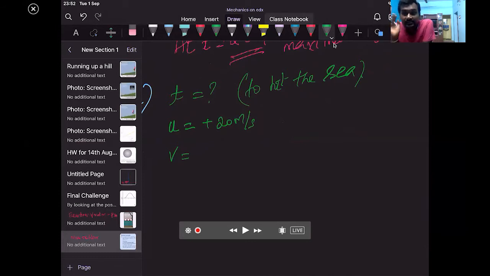If you think the final velocity is zero, you're mistaken, because the final velocity is always the velocity attained by the ball just before hitting the ground. That velocity is going to be the maximum velocity, not zero. And I don't know that velocity. I don't know what the final velocity is going to be. Okay, let's think of acceleration.